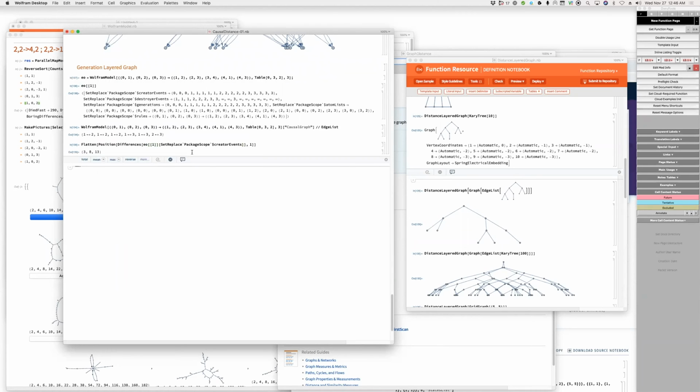Now what? Let's see if it's correct. No, it's not correct. We need +1 to it. Okay. And what does that give us?